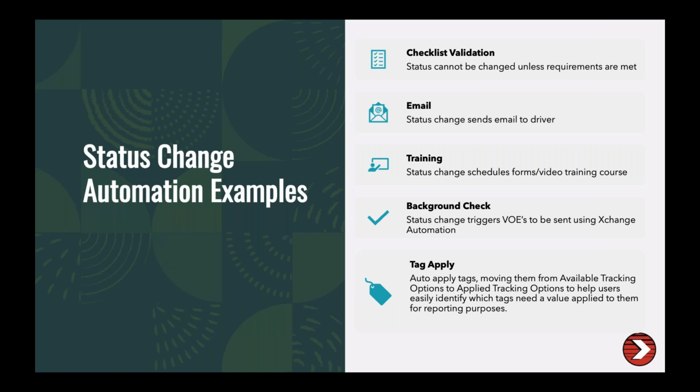Statuses, of course, like we talked about, also have the ability to apply tags. And by applying tags, I mean it can move a tag from the left to the right and apply it. So if you have a series of tags that you find are important, that you want the recruiter to remember to apply a value to every single time they're working a candidate, once the status changes, those tags that you're concerned about can move over to the right so they're visible, and the recruiter can just go down the list and assign values to them, whether they're dates or yes/no's or what have you.